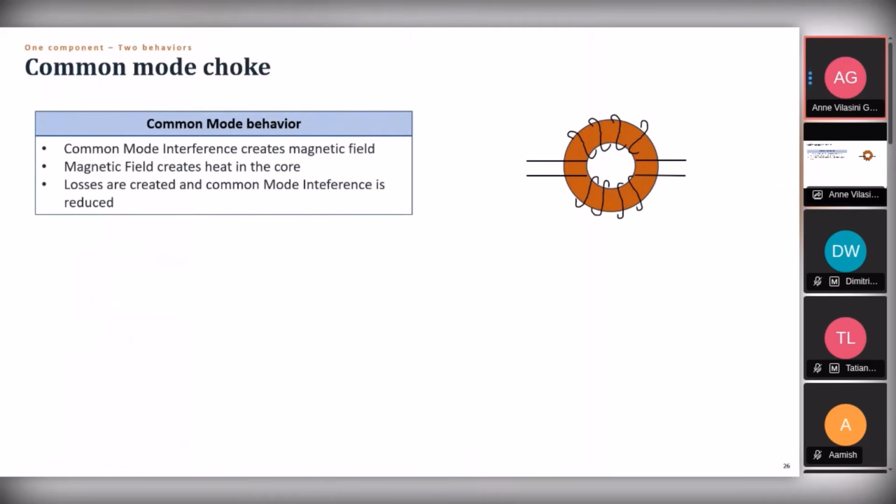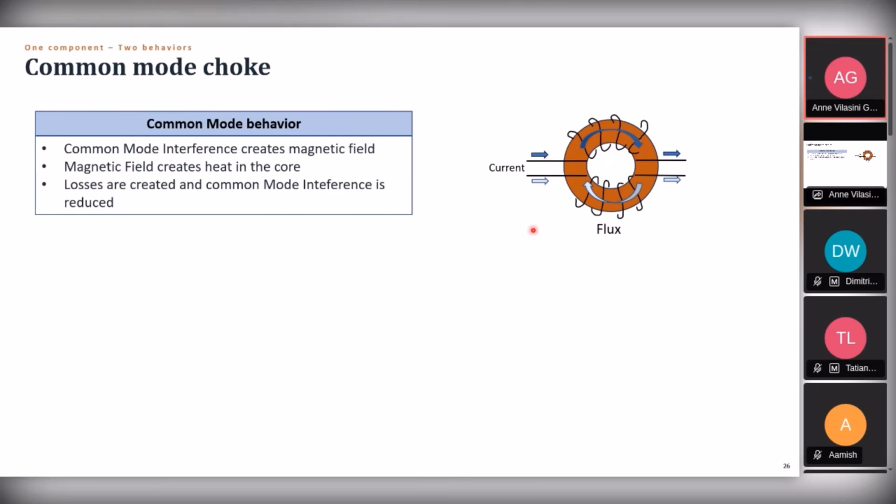So the question is how is the Y capacitor alone filtering the noise? As I said before, a common mode filter consists of a common mode choke and a Y capacitor. So this is the main component. So when you see here, how is the common mode choke helping to block the common mode noise?